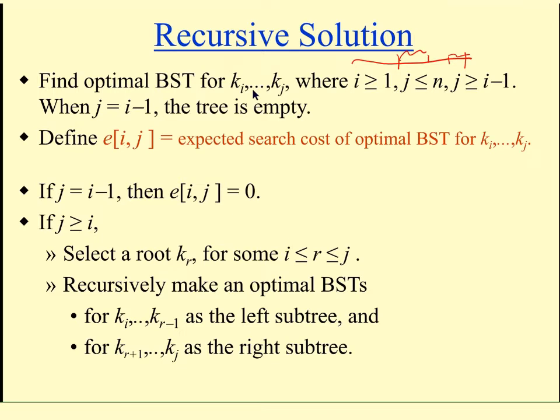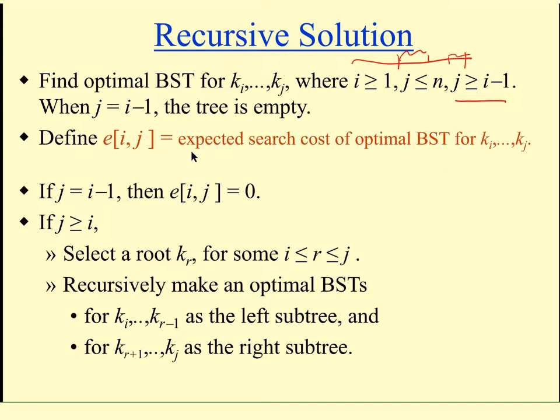The reason is that we want to put this subproblem in position to compose the answer for other problems, because when we reach the bottom case, it may reach that empty case. Okay, so that means we allow the right side to be on the left. Okay, so J is larger or equal to I minus 1.